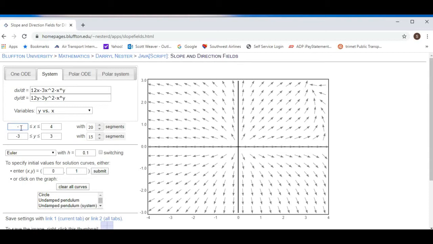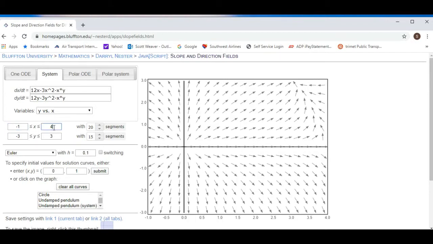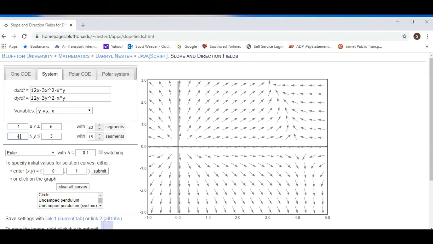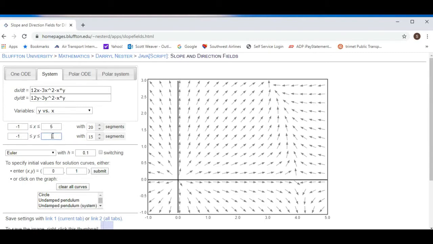They're all positives though, so I can just go -1 out to 5, and then -1 out to 5. Should be good.